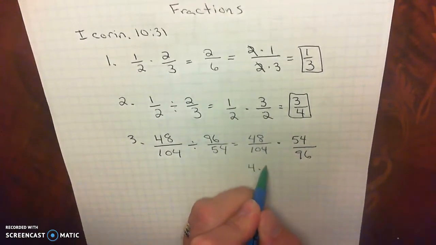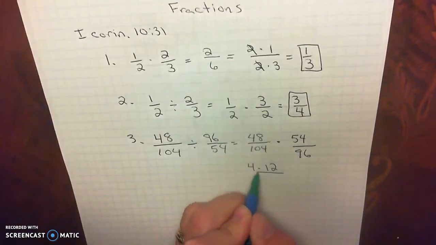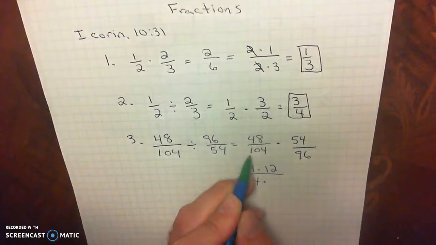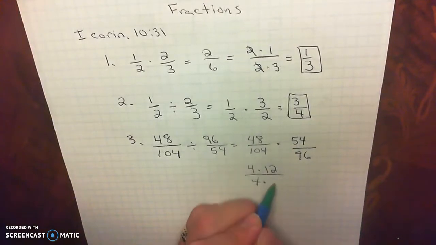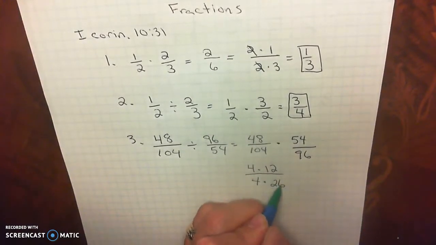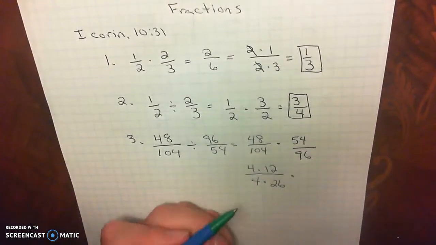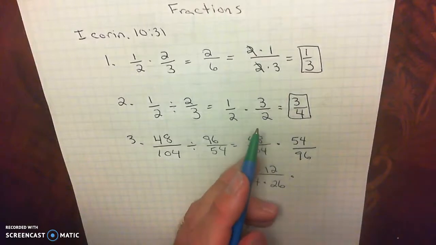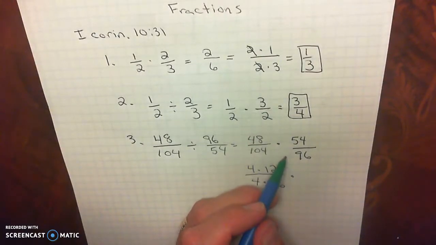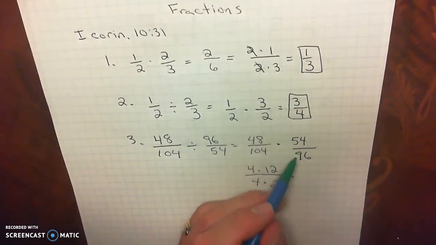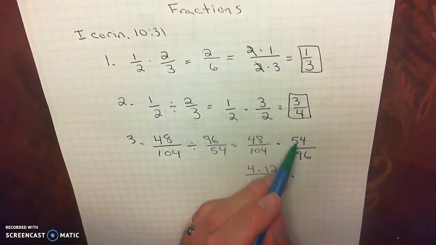It's going to be 4 times 12. And then this one is going to be 4 times 26, which gives us 104. Okay? Now let's do 5496. Now 4 doesn't go into 54 evenly, but 3 does.